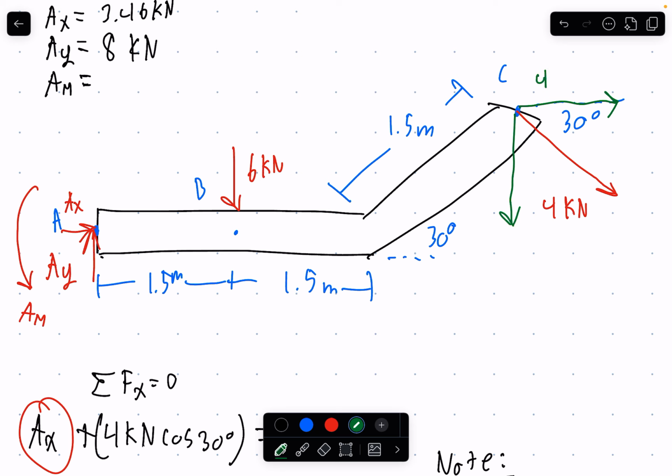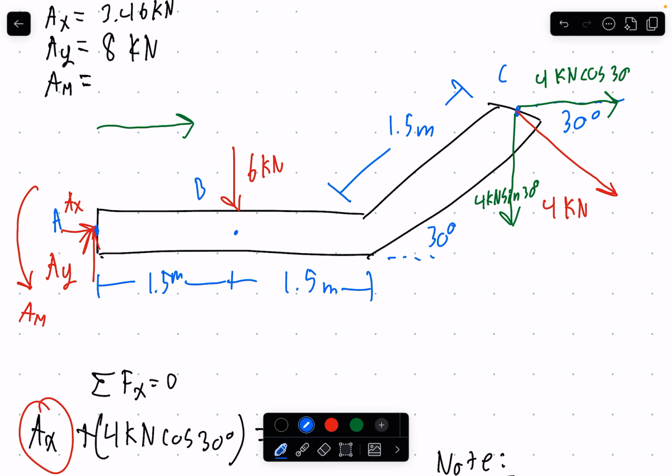So we know this is 4 kilonewton cosine 30. This would be 4 kilonewton sine 30. And we know the vectors, we can slide them. So we're going to take the horizontal component right here and slide it all the way back over here.